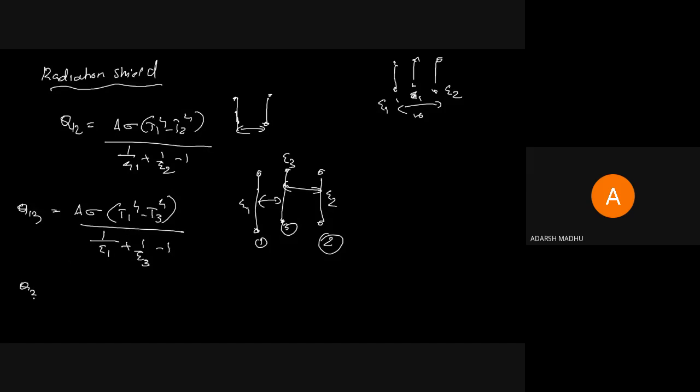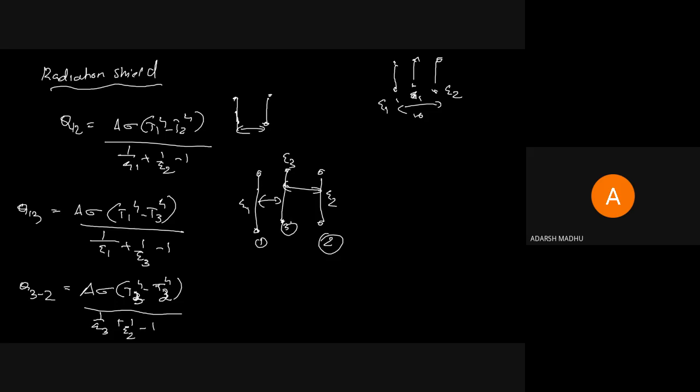And for Q3 to 2, A into sigma, T3 raised to 4 minus T2 raised to 4, divided by 1 by epsilon 3 plus 1 by epsilon 2 minus 1.